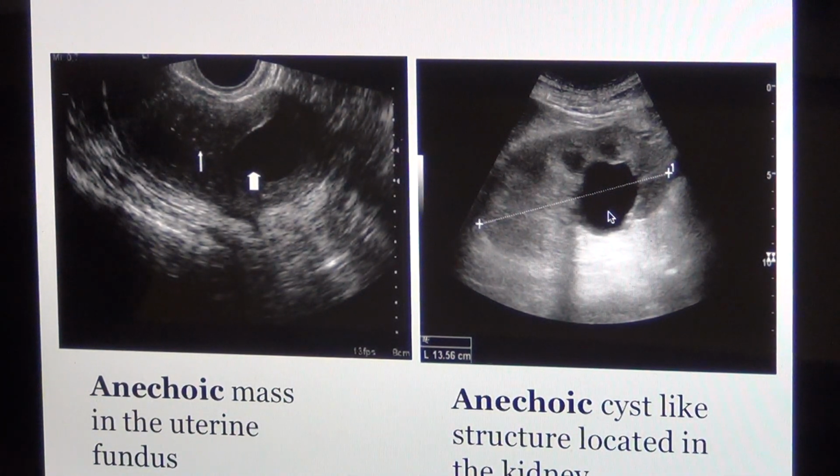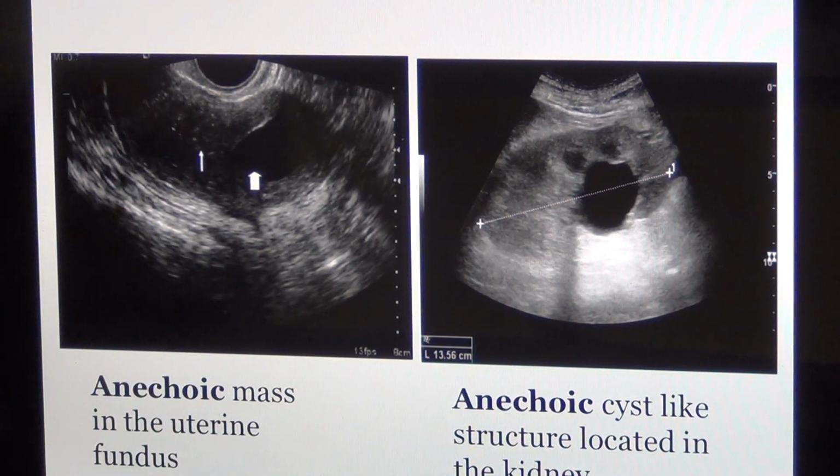So this is anechoic, same as the cystic mass, I mean the simple cyst. There is an anechoic inside, or sonolucent. Okay, so we understood hyperechoic, hypoechoic, isoechoic, and anechoic. The other names of anechoic are sonolucent, echo-free, or no echo.